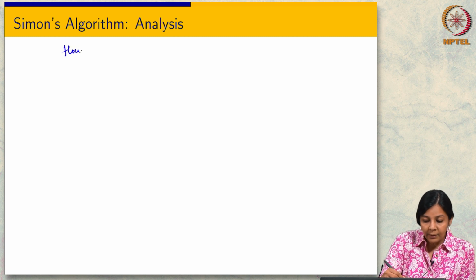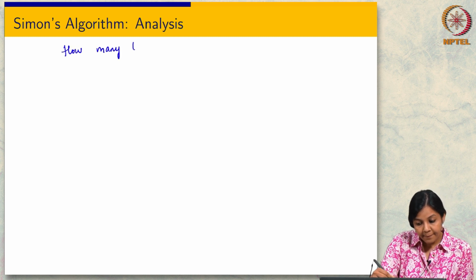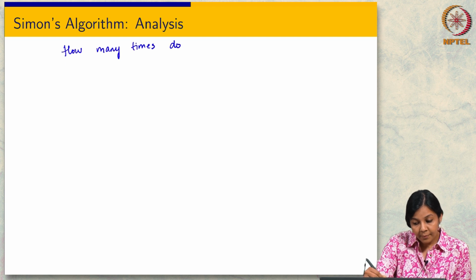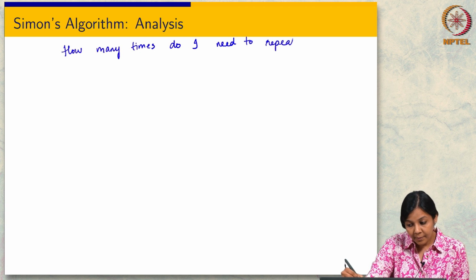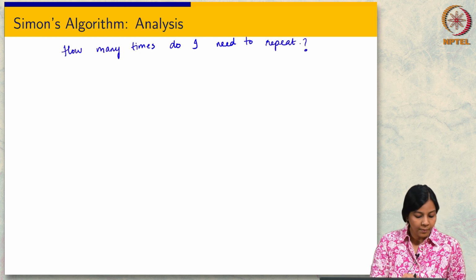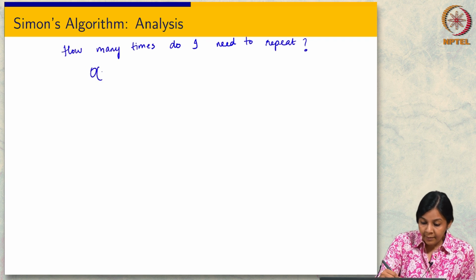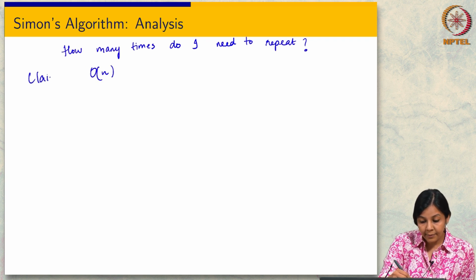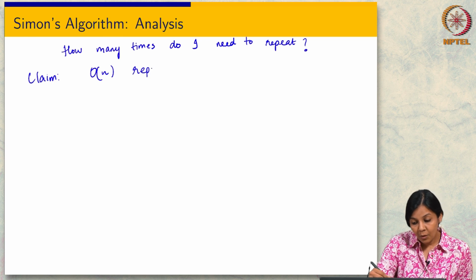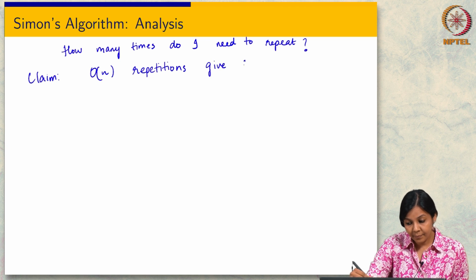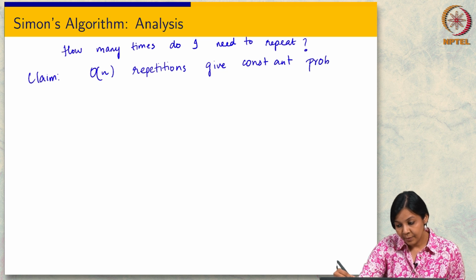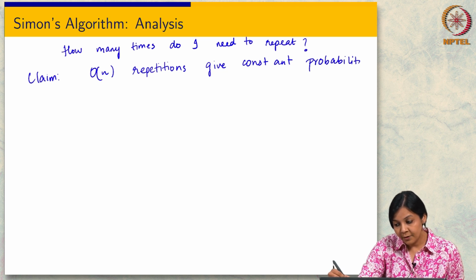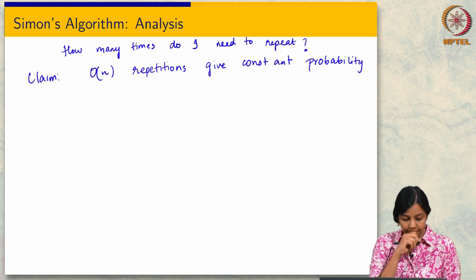So how many times do I need to repeat this? Order n, my claim is that order n repetitions give a constant probability of success.